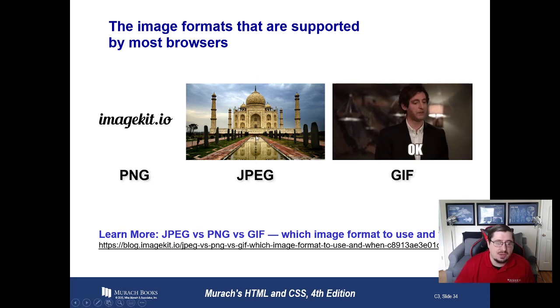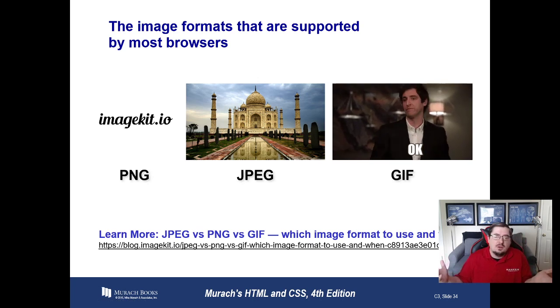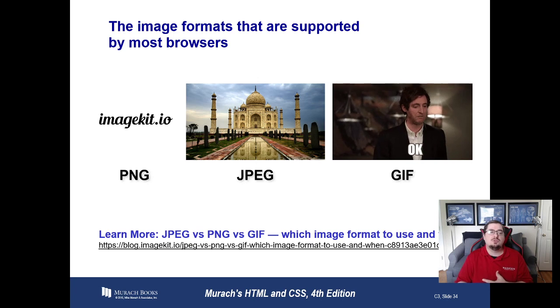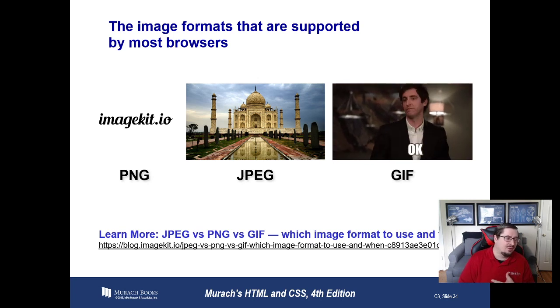So usually use JPEGs for photos. Usually use PNGs for other kinds of graphics. And then sometimes you want a GIF. GIFs support animation. However, they are limited to 256 colors, which means they generally make for some pretty ugly photos.